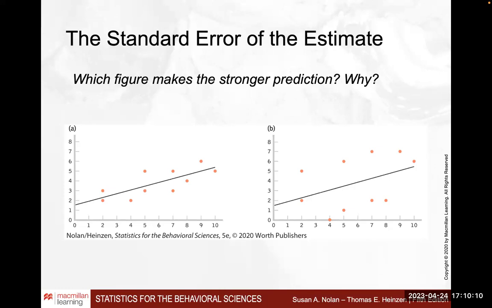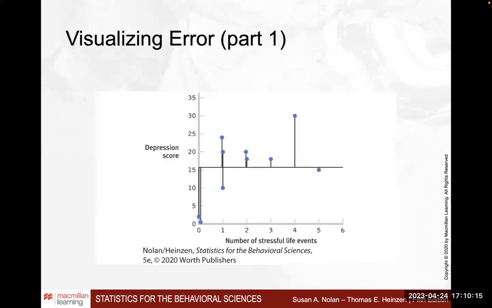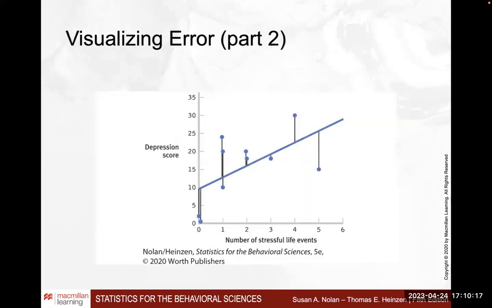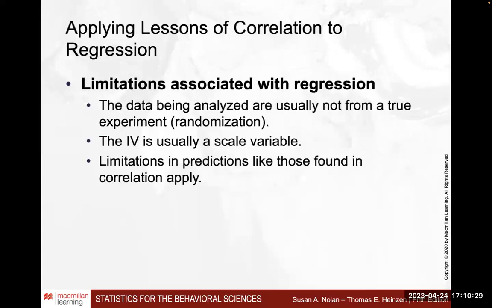That would be done in multivariable regression. But more about that in a second. Okay, so we're visualizing and we're standardizing the residual error. This residual error is then used for the estimation of the proportionate reduction of error, the coefficient of determination, which basically quantifies the accuracy of your model.